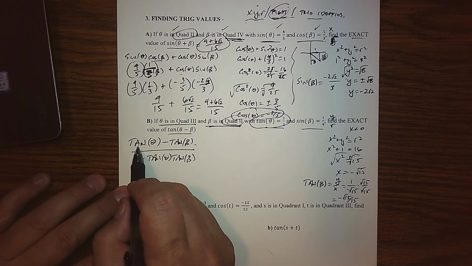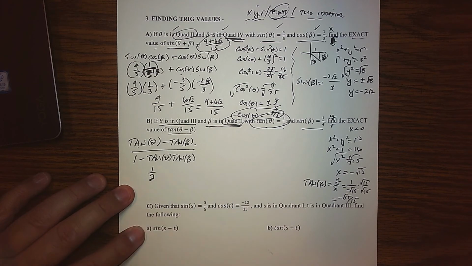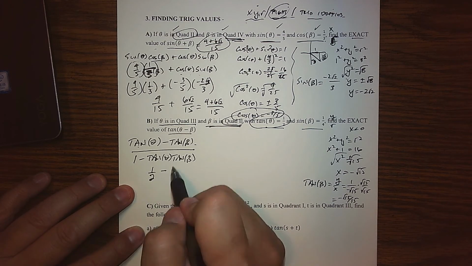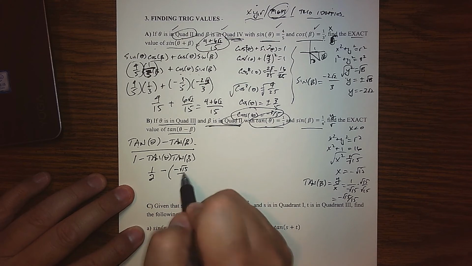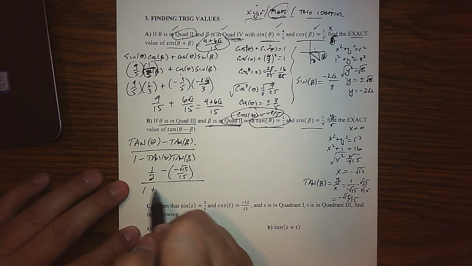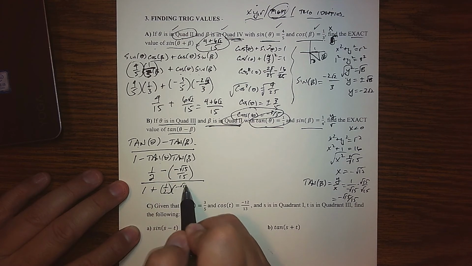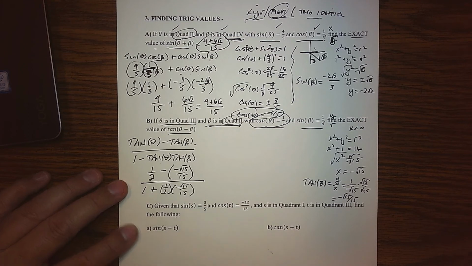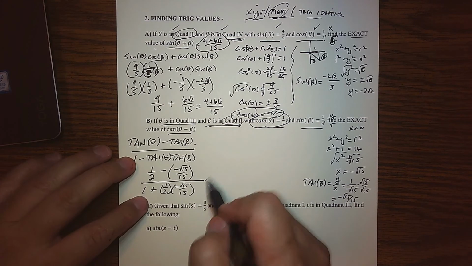Now we get to plug all this in. The tangent of theta was given as 1/2. Then we're going to subtract the tangent of beta, which I just found to be negative square root of 15 over 15, and divide that by 1 plus 1/2 times negative square root of 15 over 15. There we have it, a really big complicated fraction.